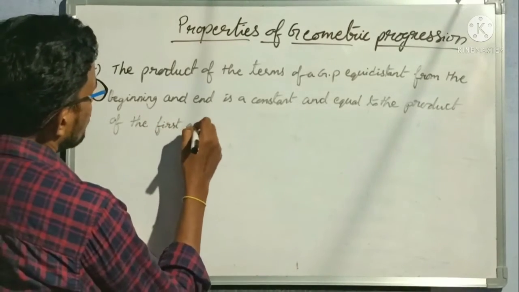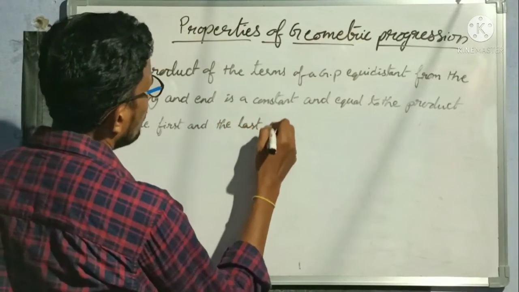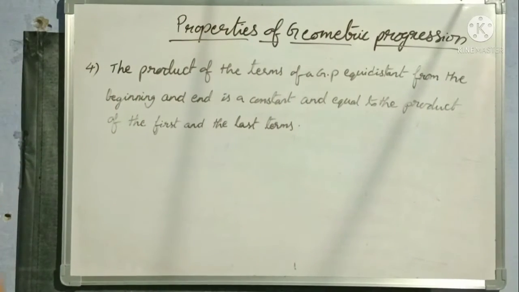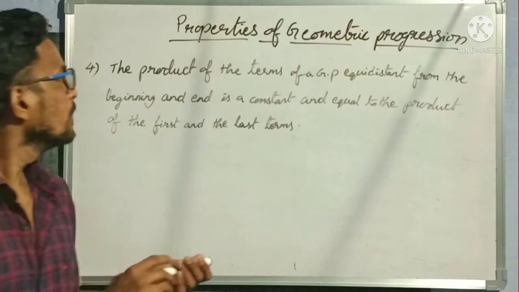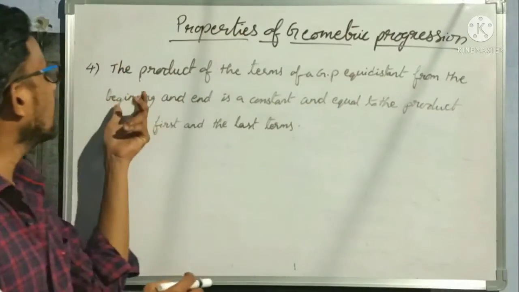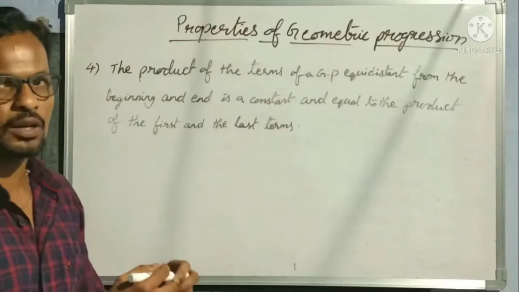Product of the first and the last terms. Okay? So here, the product of the terms of a GP equidistant from the beginning and end is a constant and equal to the product of the first and last terms.